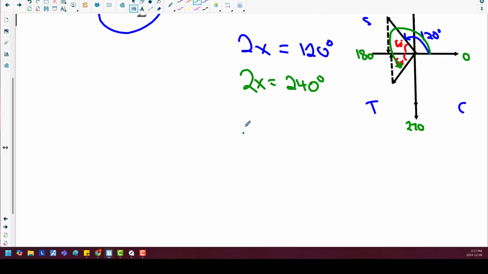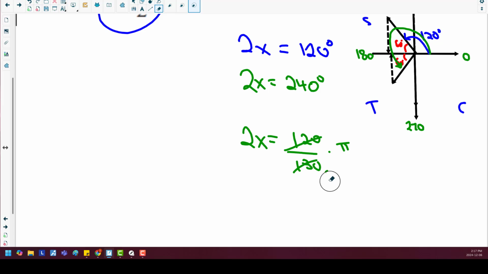So 2x is equal to, what's 120 over 180 times pi. And if you divide both the top and bottom by 30, that's going to be 4 over 6. Oh, actually, you can divide both the top and bottom by 60 in this case. So you'll get 2 over 3.